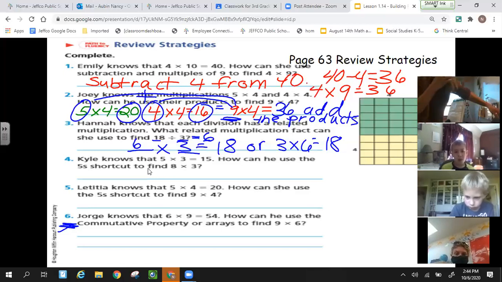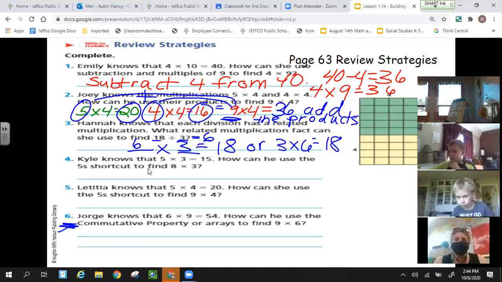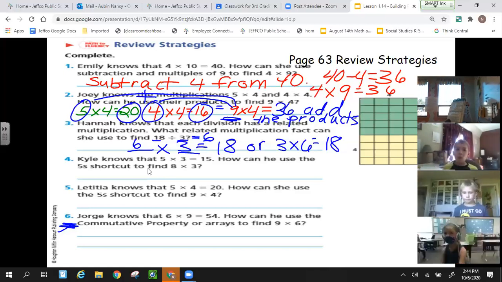Okay, boys and girls. Anybody at home want to explain this one? Mrs. Harrison, you see anybody? Ben, can you unmute and tell us? So what I did, it says, George knows that 6 times 9 equals 54.